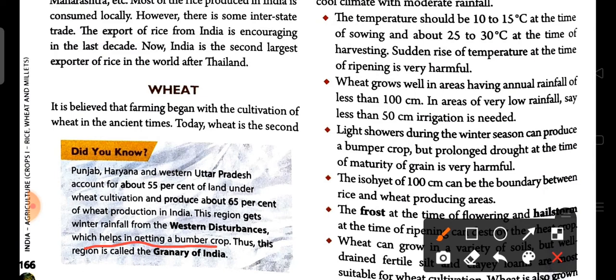Thus, this region, that is Punjab, Haryana, and western Uttar Pradesh, the northwestern part of the Indian subcontinent, is known as the granary of India.